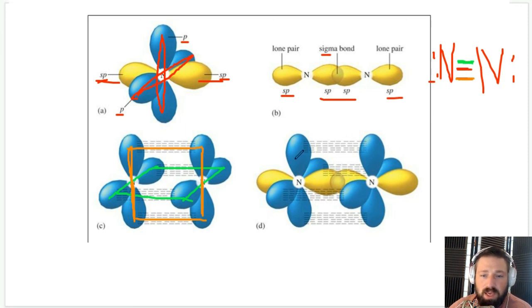When you're looking at these two nitrogens, I know it looks like there's 1, 2, 3, 4, 5 different bonds going on, but remember that these two are both the same pi bond because it's just connecting these two orbitals together, and these two orbitals are connected with this middle pi bond.